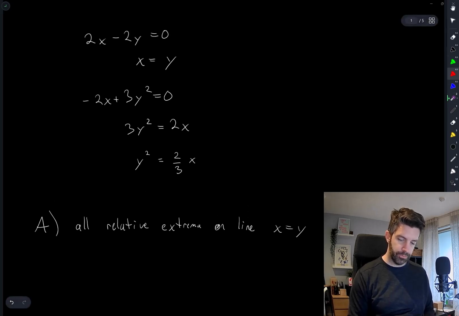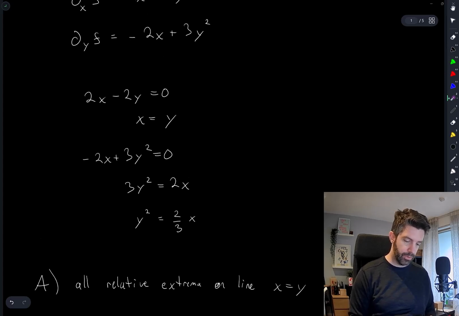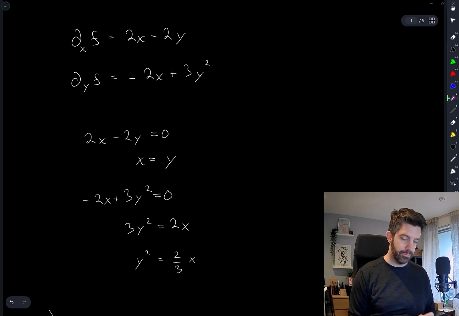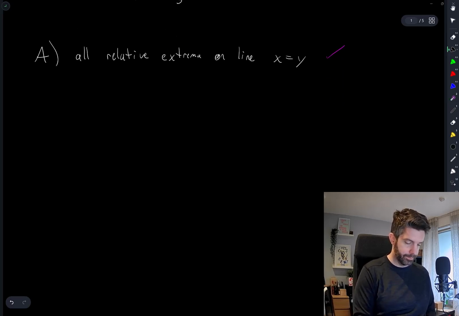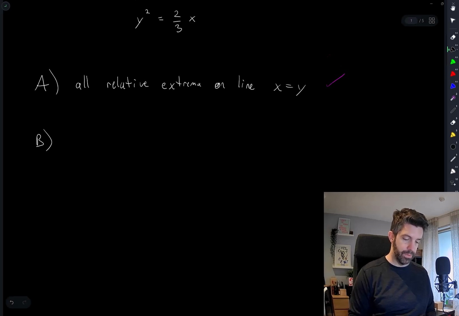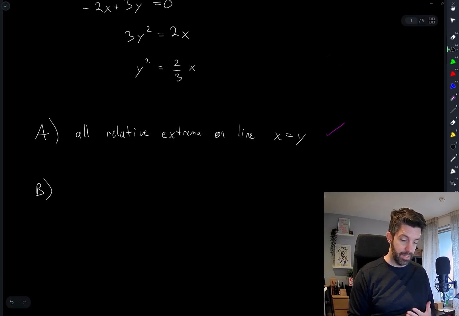So this in fact does have to be true, because like we said, these are necessary conditions. So if a pair x comma y is a local minimum or maximum, then both of these equations have to be true. In particular, every local maximum or minimum will lie on this line. But let's go through and see why the other options have to be false. And maybe as I go through this, if I'm not sure, we can come back and check something here.